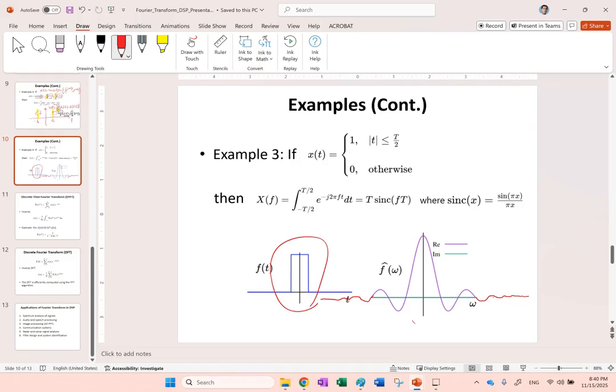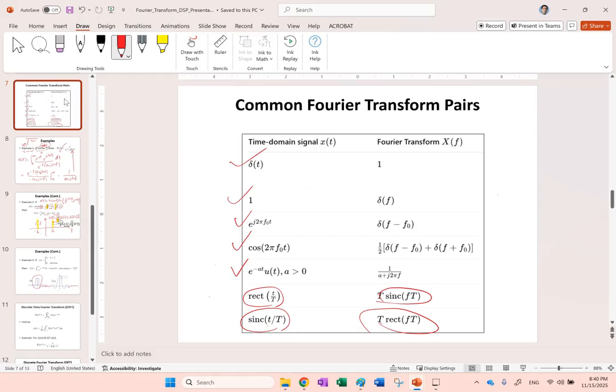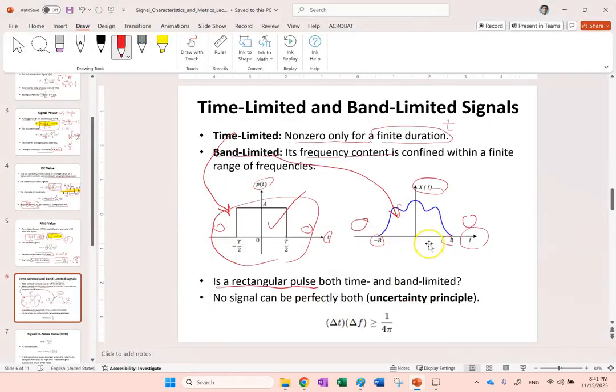And the other way around, if you look at the rectangular function in the frequency domain, which is band limited, in the time domain it's a sinc function, which is not time limited. So the important thing, which we call the uncertainty principle, says no signal can be perfectly time limited and band limited. There is no signal that is perfectly both of them.